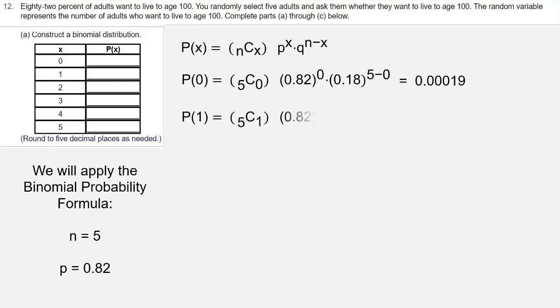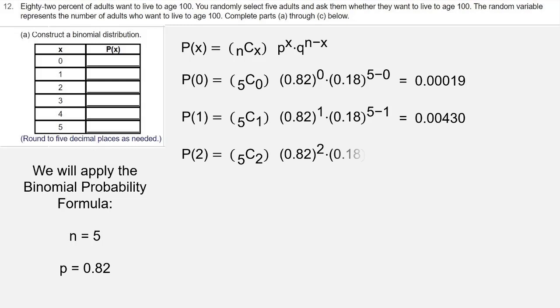For the probability of 1, we get 5C1, 0.82 to the 1, 0.18 to the 5 minus 1, which to 5 decimal places is 0.00430. Probability of 2 is 5C2 times 0.82 to the second times 0.18 to the 5 minus 2, which to 5 decimal places is 0.03921.